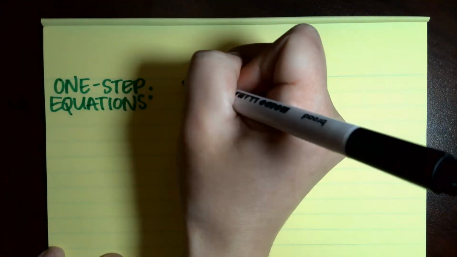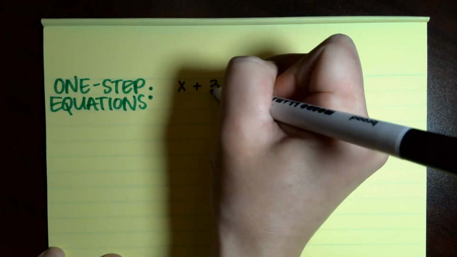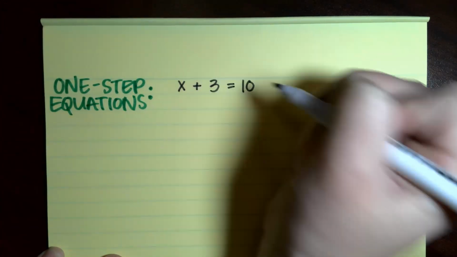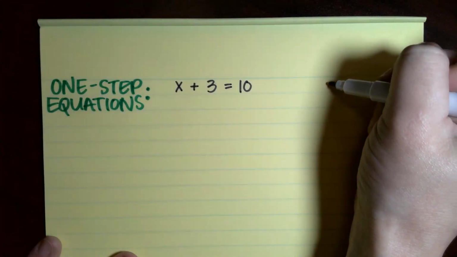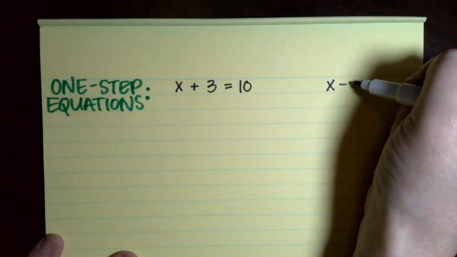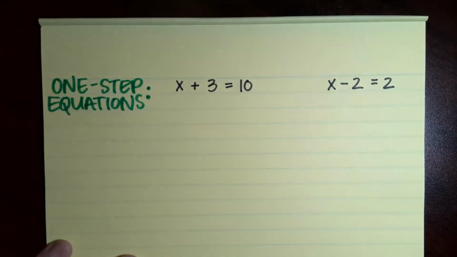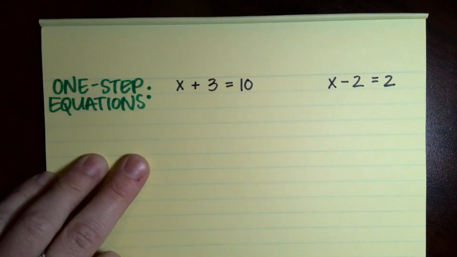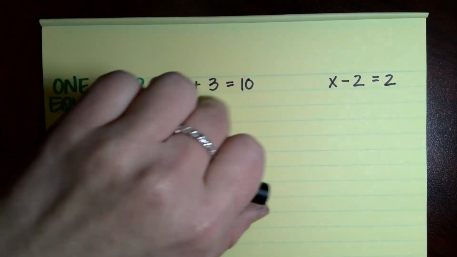We have x plus 3 equals 10. There's a one-step equation. I'll also give you x minus 2 equals 2. Give you 2 more. So we've got a plus here, we've got a minus.